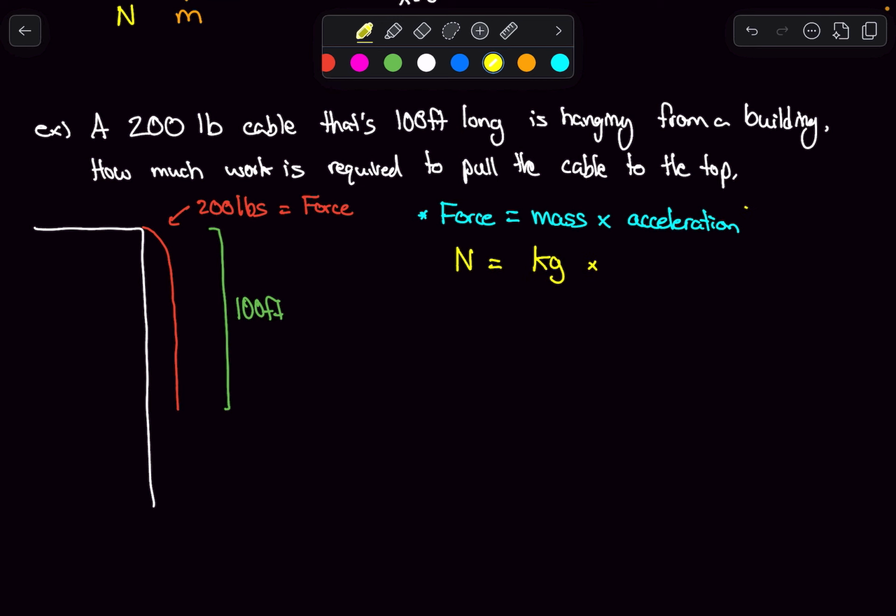But if, for instance, we're talking about like the force exerted by our bodies on the ground, or something where the only acceleration is due to gravity, gravity is given to us as meters per second squared, typically for the metric system. And so this is how we get our units for newtons.